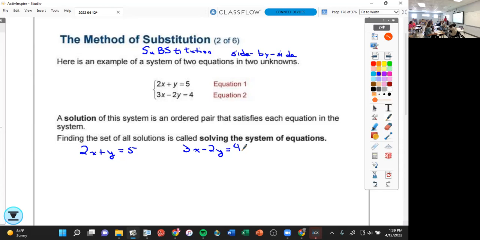Which y? The y on the left. Why? Because it's considered singular. A variable is singular if it has a coefficient of 1 or -1. It's always easiest to get by itself.